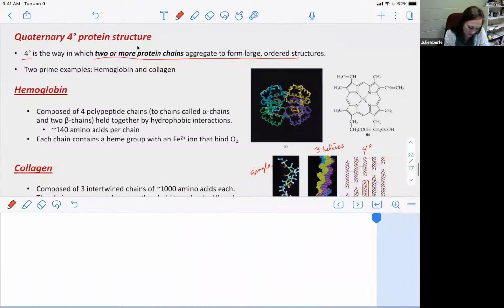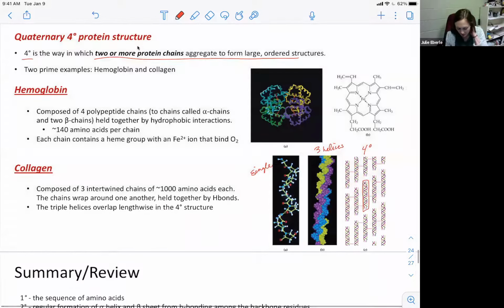The black picture above is the quaternary structure of hemoglobin. Specifically, I didn't say this before, but hemoglobin is composed of 4 polypeptide chains. 2 are known as the alpha chains and 2 are known as the beta chains, and they're held together by hydrophobic interactions. Each chain has about 140 amino acids, and each chain contains its own heme group.